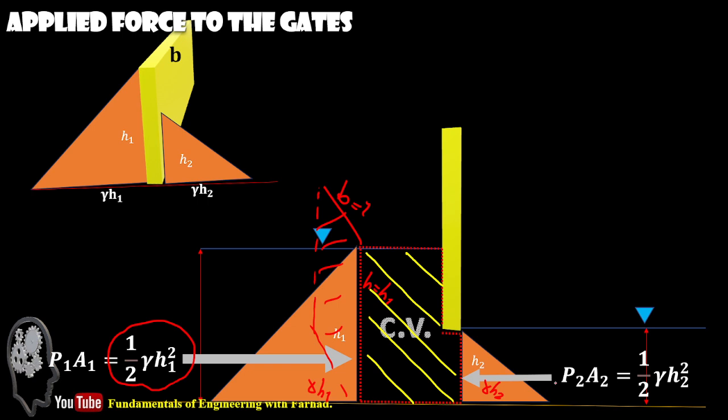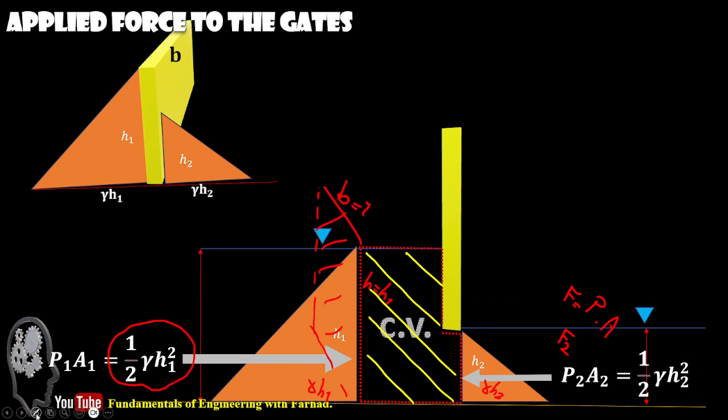That's our area. So it just turns to be a half of gamma h1 squared. Likewise, for the other part is P2A2. This is F2, force is equal to pressure times area, or sigma times area. That's a half of gamma h2 squared.